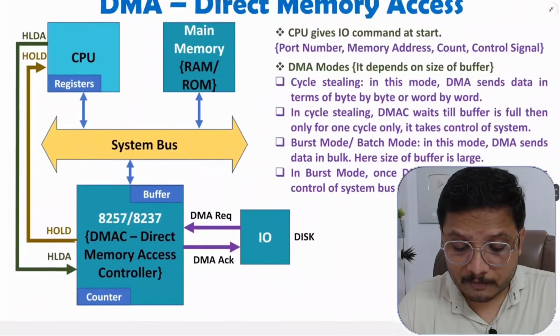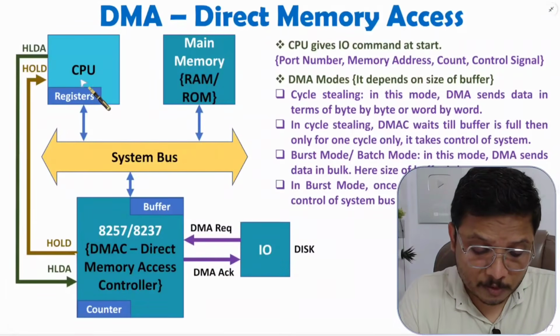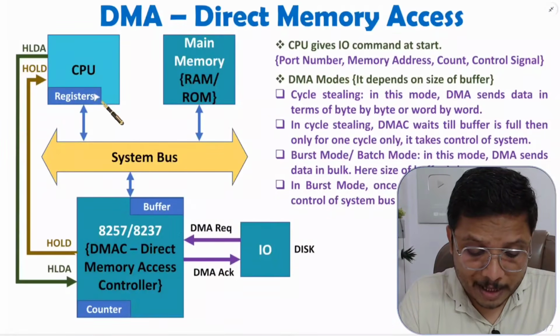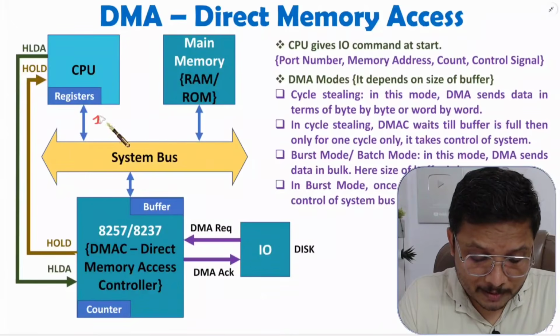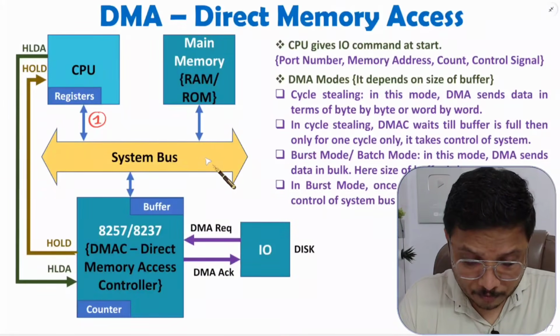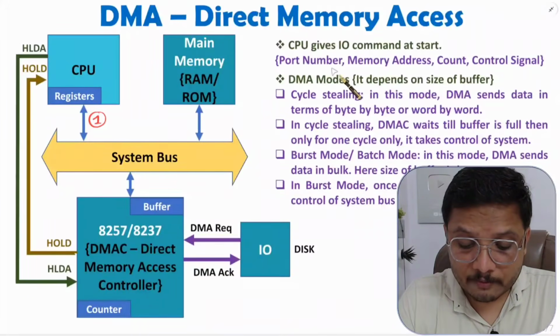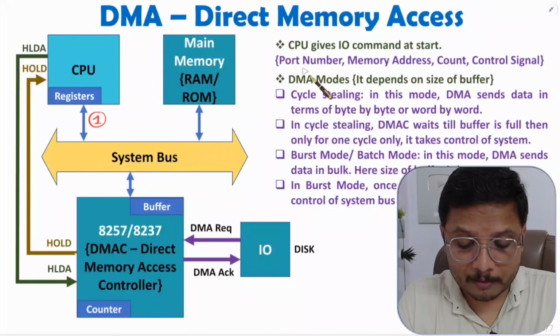So let us first understand how exactly direct memory access functions. First of all, the CPU will generate an IO command. The CPU will place the IO command over the system bus. What information is inside the IO command? First information is the related port number.